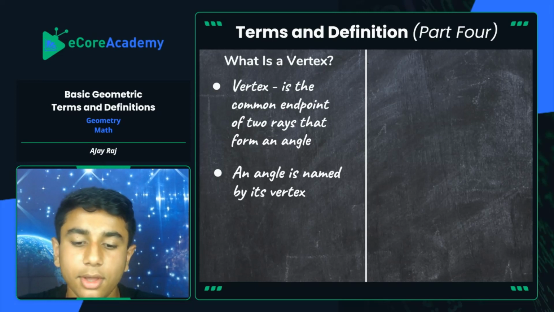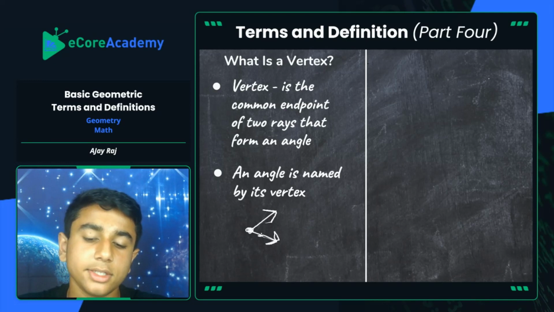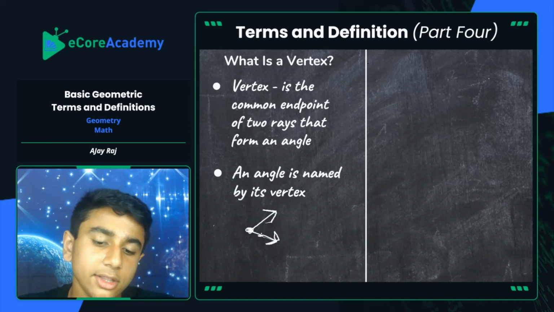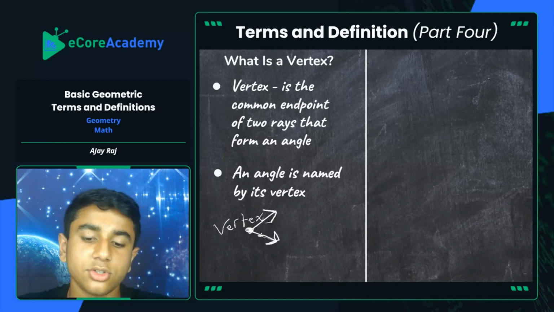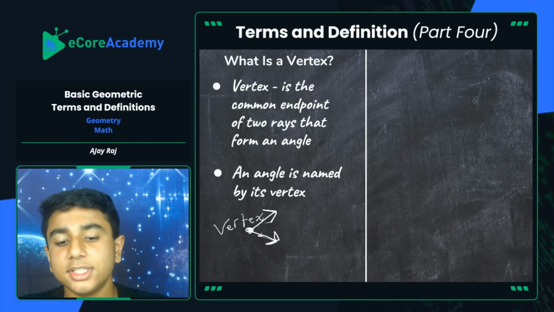So say, for example, you have the exact same picture that I hand wrote last time for the definition of an angle. We're going to have two rays that extend from the same point. Since two rays extend from the same point, this would be considered a vertex and not just a single point. And as you can see here, this is the angle, right?